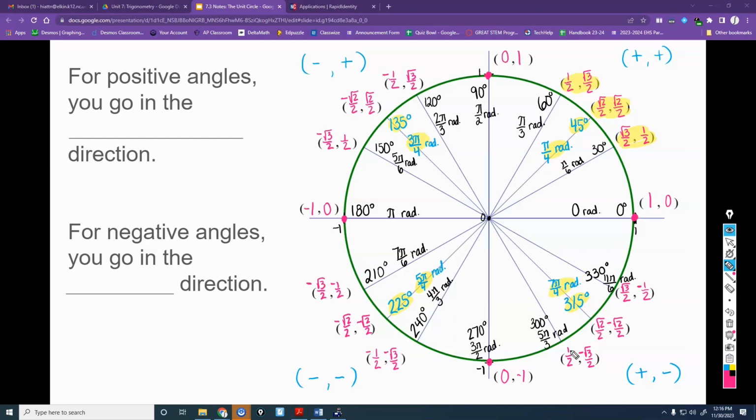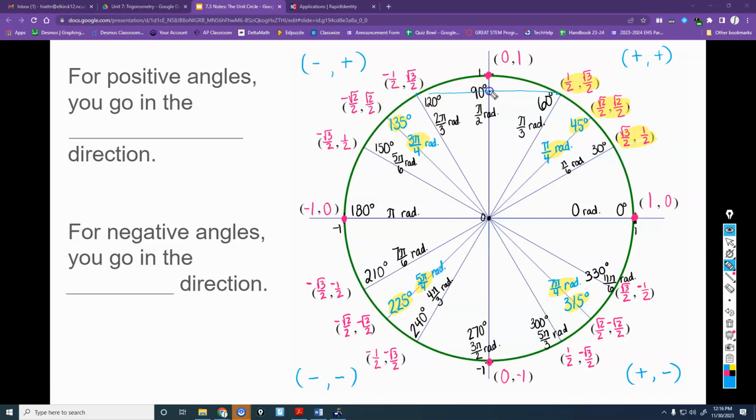And remember, all of this is graphed on the coordinate plane. So the ones I see messed up most often are these right here and these right here, because people get them backwards. They'll put square root of 3 over 2, 1/2, where they should have 1/2, square root of 3 over 2. So whenever you're doing this, think about, these are graphed on the coordinate plane. Like this point and this point right here are on the same horizontal line.